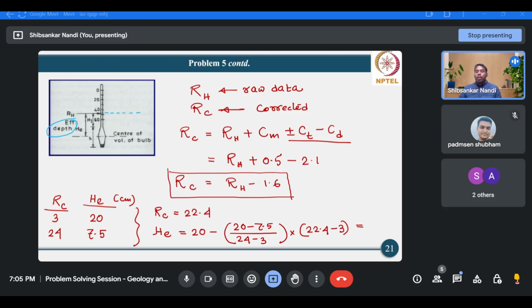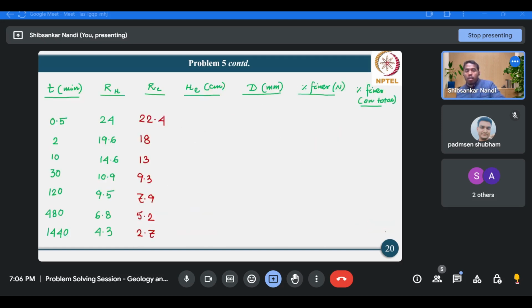If you calculate, you can easily get the effective depth corresponding to a hydrometer reading of 22.4. 20 minus 7.5 over 24 minus 3 into 22.4 minus 3, that gives 8.45 centimeter.